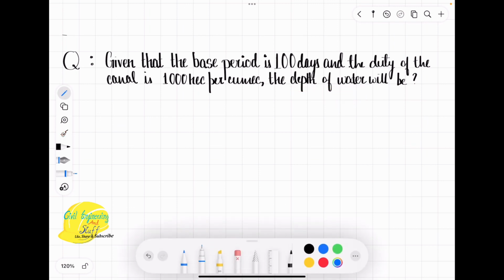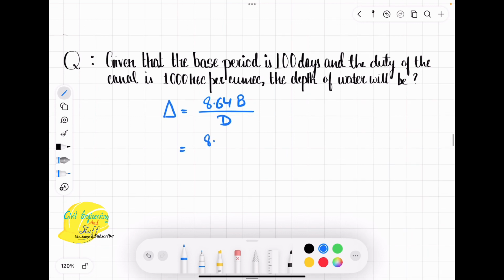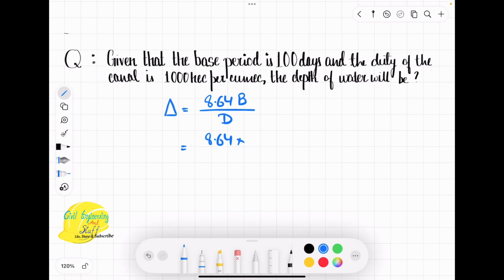So solving it, we know that delta is equal to 8.64 B by D. What is the value of B? B is 100 days. It will be 100 divided by the value of duty, which is 1000 hectare per cumec.